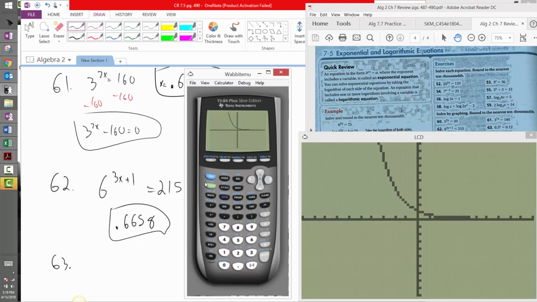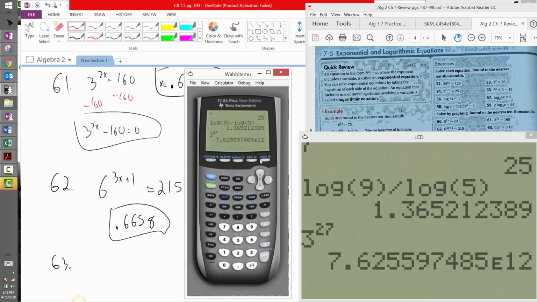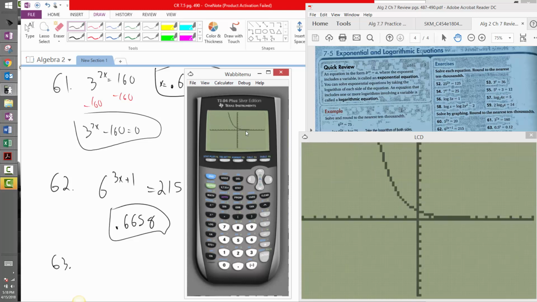So there's the thing. Does that even hit the x-axis? I'm curious. It should. But second calc, option 5. I'm going to mash the enter button 3 times. Will it find an intersection? It does not find an intersection. So there's a problem with this. My window's not right. See how it doesn't seem to go below the x-axis?